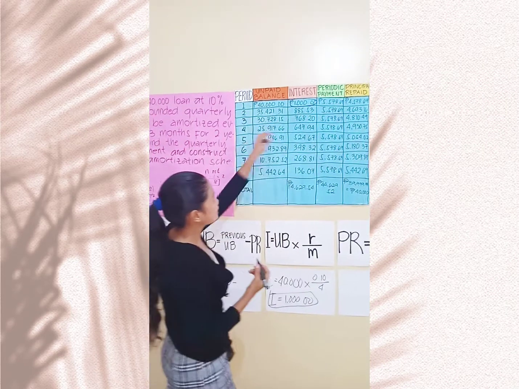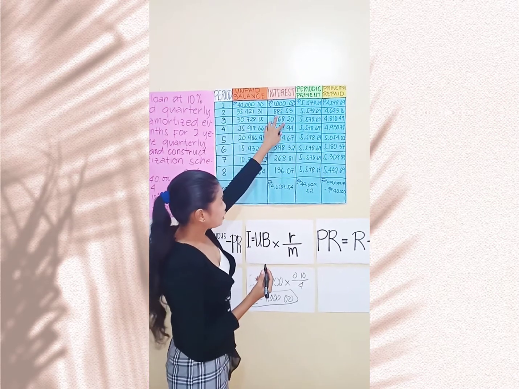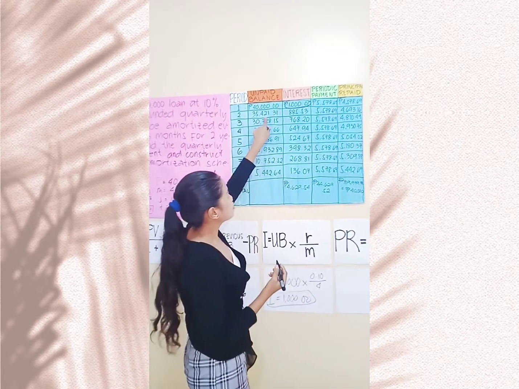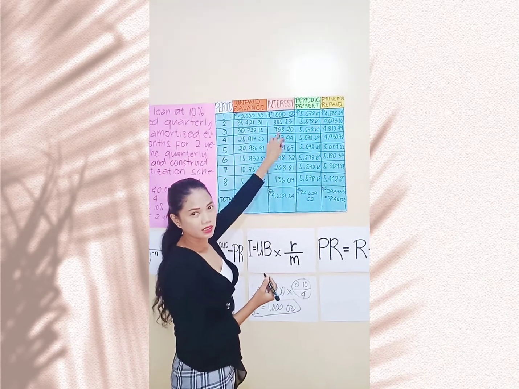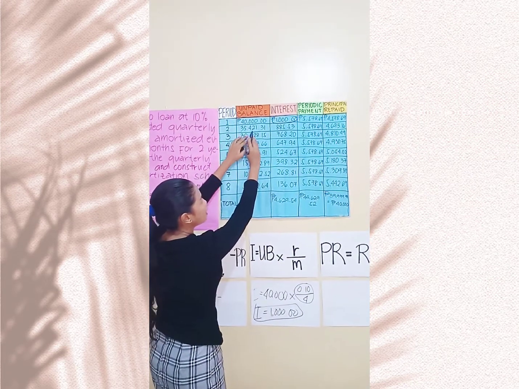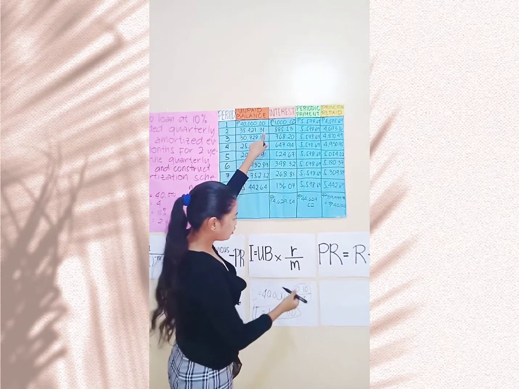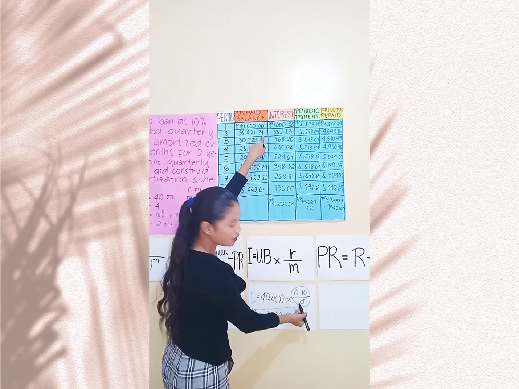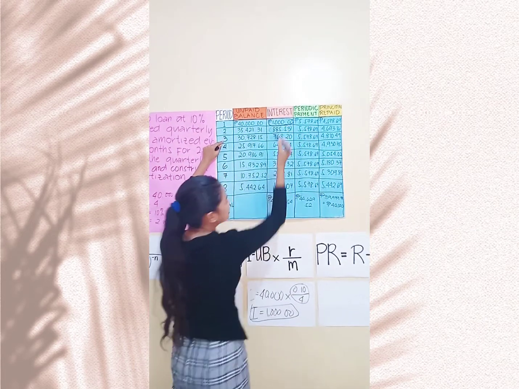The same as getting the interest in the second period, you multiply the unpaid balance by the nominal rate over the conversion period, and you will get the interest on that period. So 35,421.31 multiplied by 0.10 over 4, the result is 885.53.